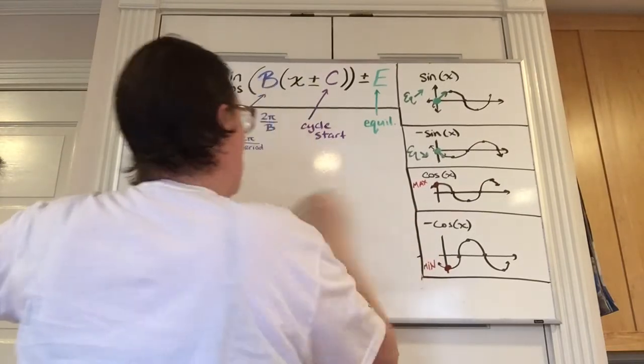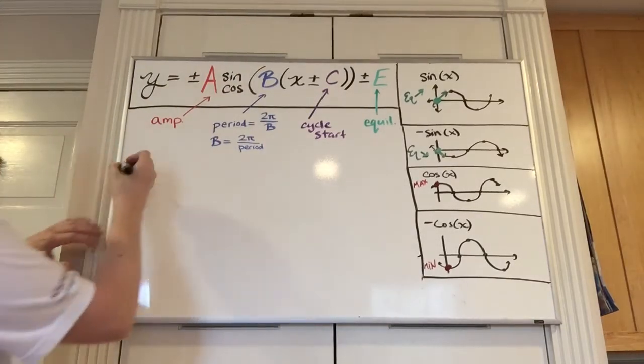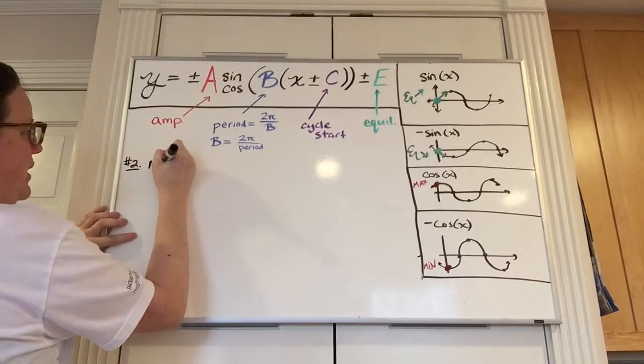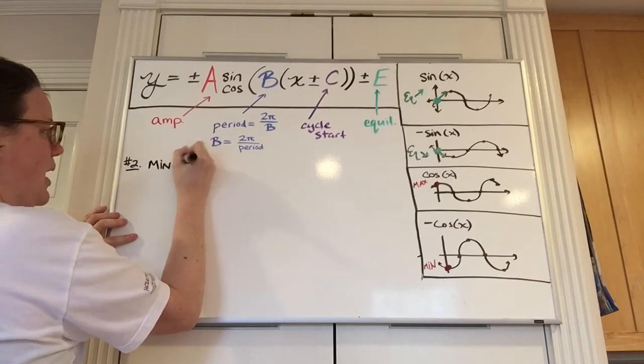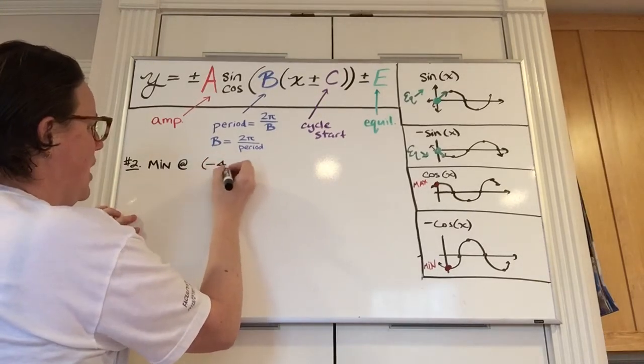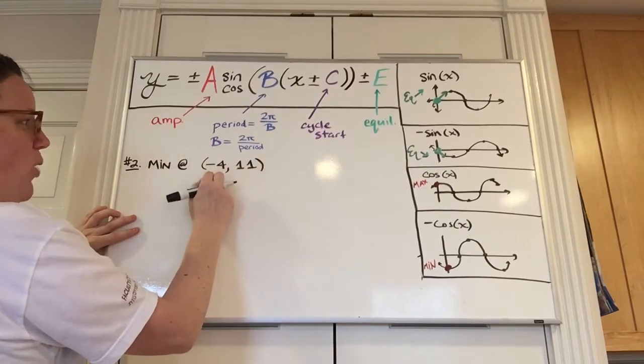Let's say for our next graph, we were given the following information. Let's say I told you that there was a sinusoidal function and it had a point of minimum at the point -4, 11. So that's an x of -4 and a y of 11.